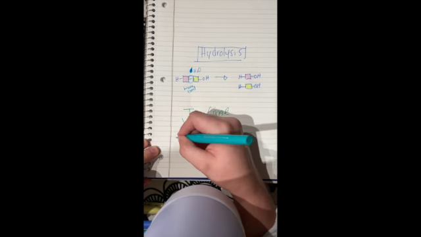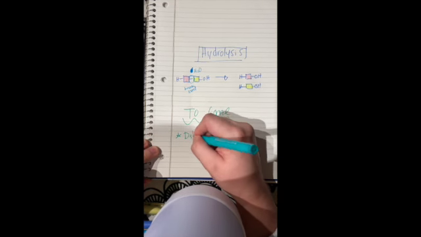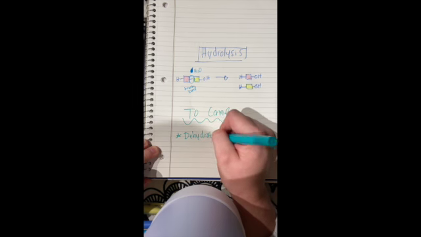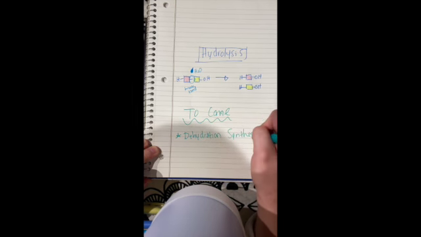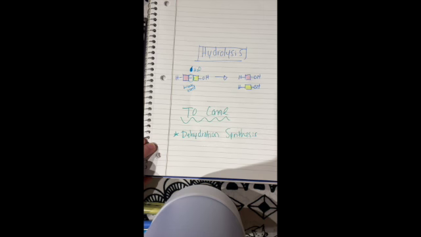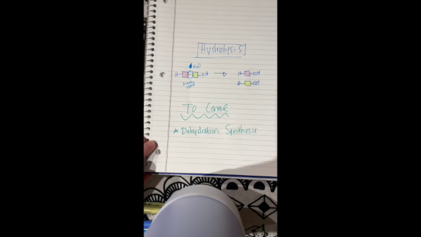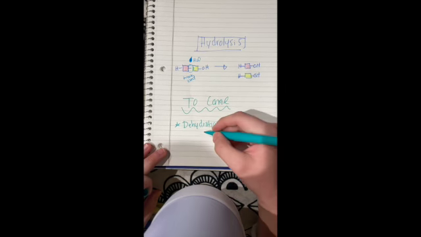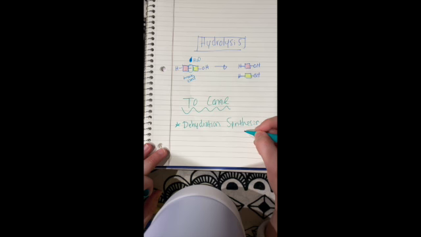We have dehydration synthesis. So actually taking those monomers, once they've been absorbed by our bodies, they can be put back together again to form polymers through dehydration synthesis.